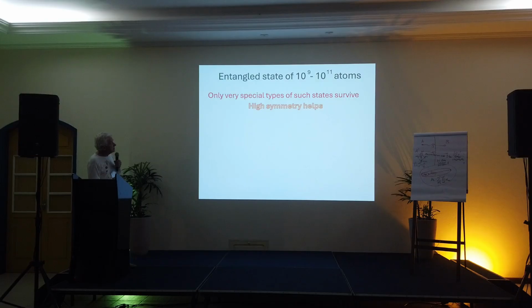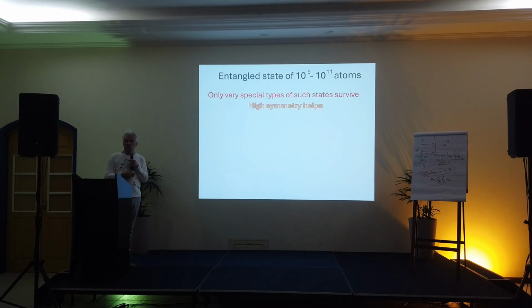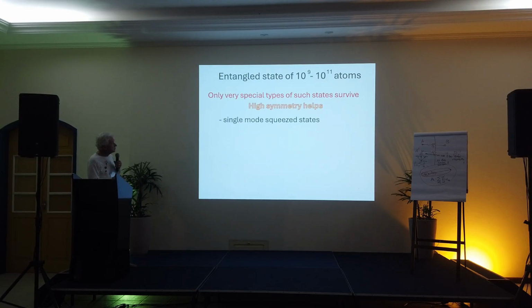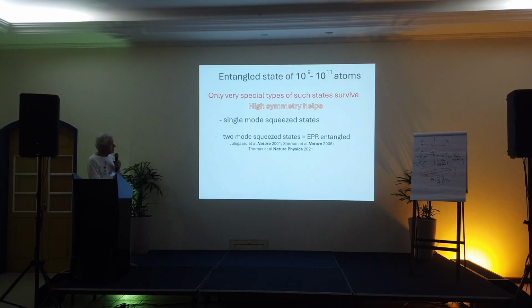So, once again, if we want to use entanglement of this huge number of atoms for something real, then only very special states will survive. And such states, which should be highly symmetric, can be single-mode squeeze states, can be two-mode squeeze states, if you are entangled.